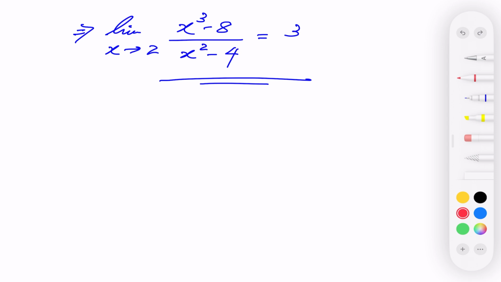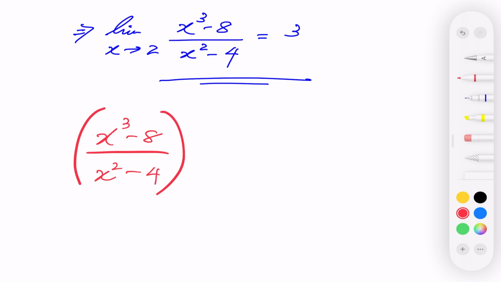In addition to that, the value of the function evaluated at that specific x value should be equal to the limit. Now, in order to decide whether this function is continuous within a neighborhood of 2, I need to evaluate the value of the function when x is equal to 2.